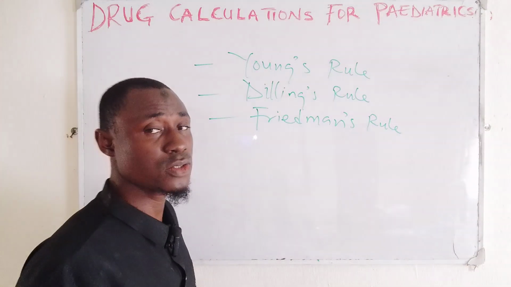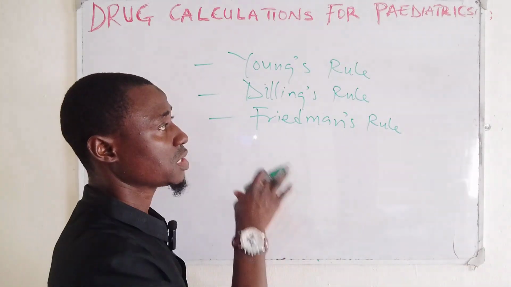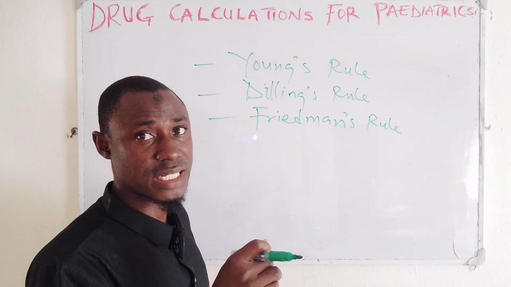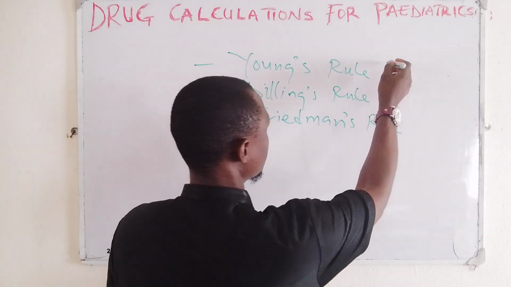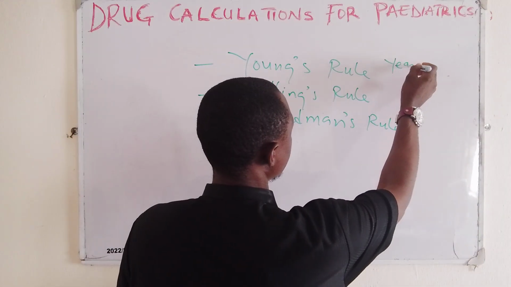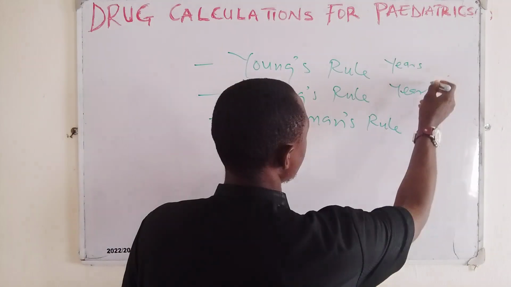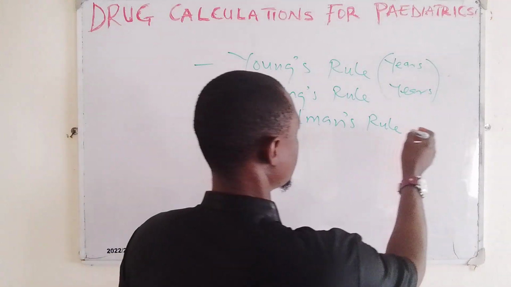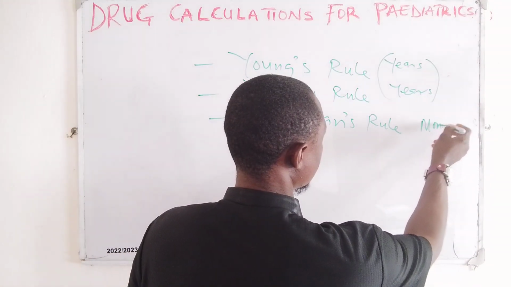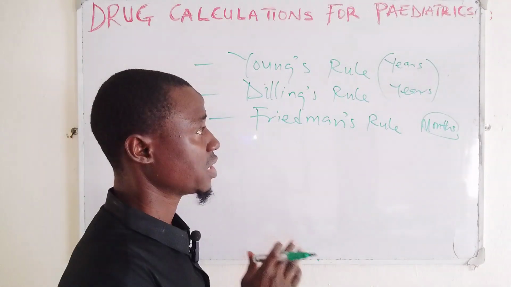So these are the 3 rules that are age-based, meaning they have a connection with age, either in years for Young's rule and the Dilling's rule, based on the year or years of the child, while the Friedman's rule considers the age of the child in months. So these are the 3 age-based rules.